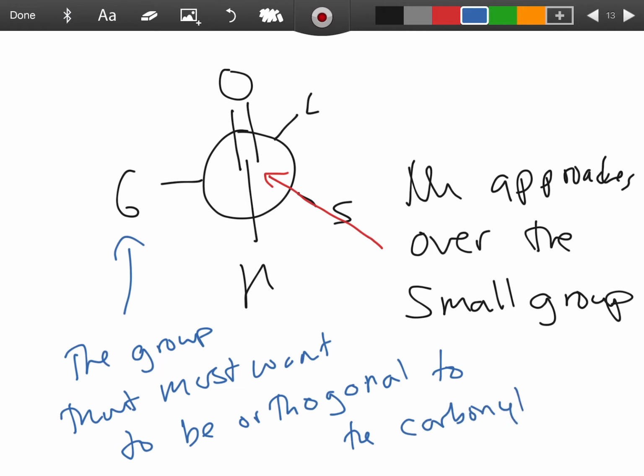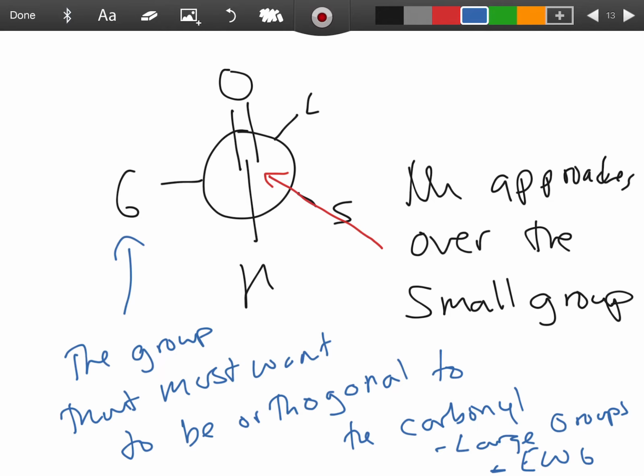So this is the group that most wants to be orthogonal or perpendicular to the carbonyl. These groups are large groups or electron withdrawing groups. If you're a big alkyl group, you want to be perpendicular to the carbonyl. If you are an electron withdrawing group, you want to be perpendicular to the carbonyl.